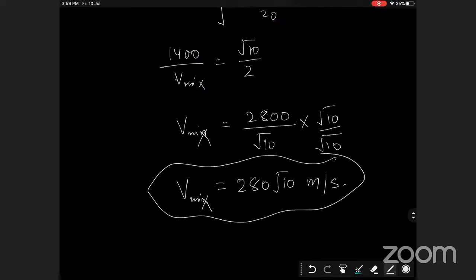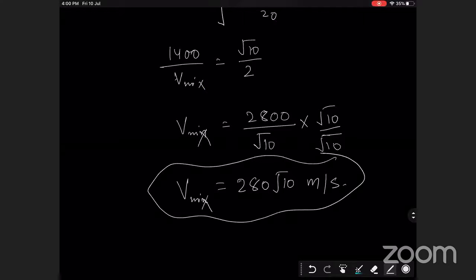Did I make any mistake, Ankita? You were getting 252. Sir, I was also getting 250. Sir, what mistake did I make? The number of moles and molecular mass, everything is correct.